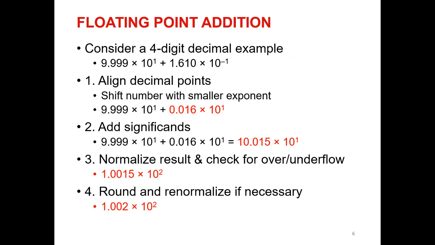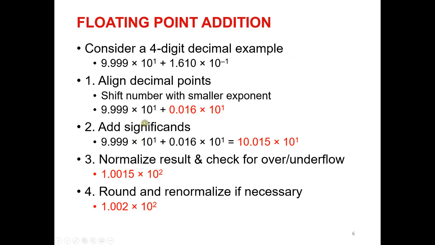So in this case, rounding up 15, we round it up to 2. Okay, so with this, we will have the rounded number. Sometimes when we round the number, we need to renormalize it again. If that happens, we just need to go to step 3 again.